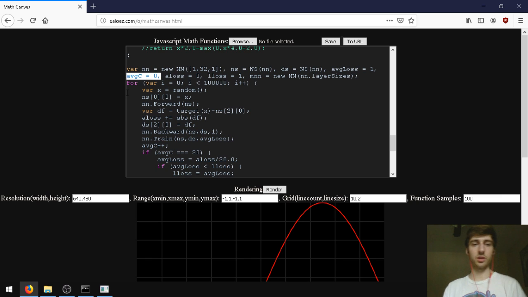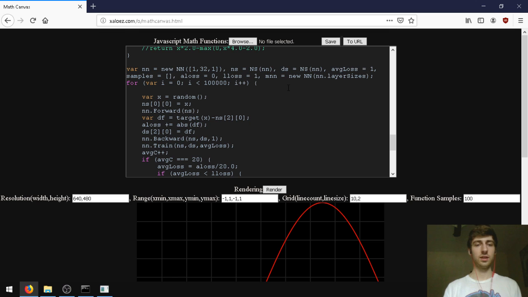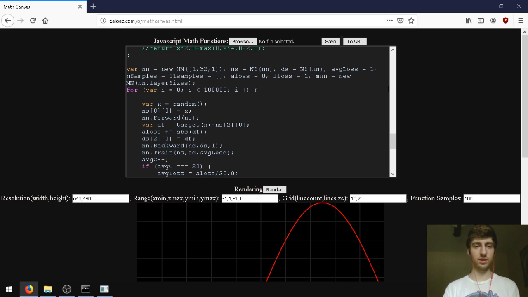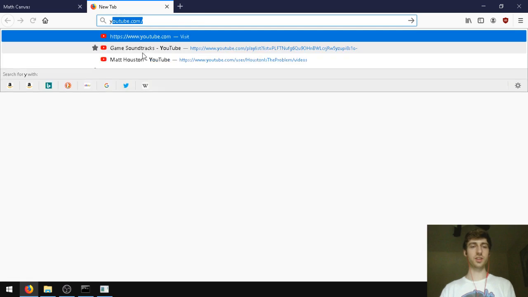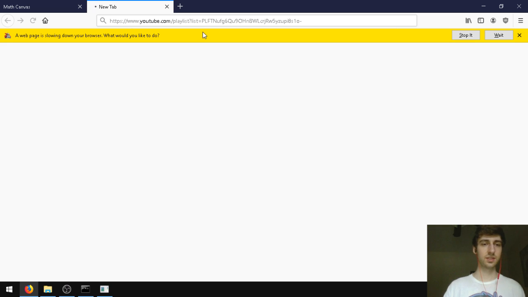And I'm going to change this to use samples. So samples equals 11. Samples.length equals 0. Yeah, so I'm just gonna quickly program this stuff. This is a good time to put music on.